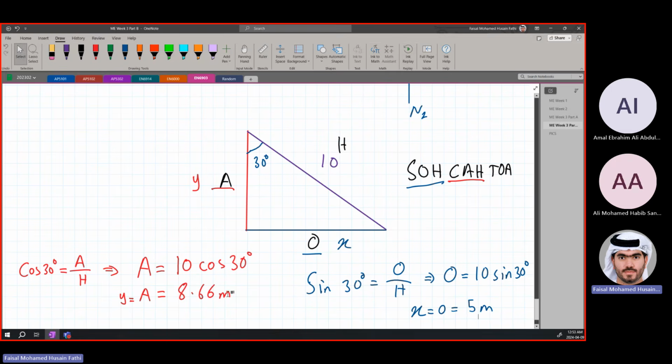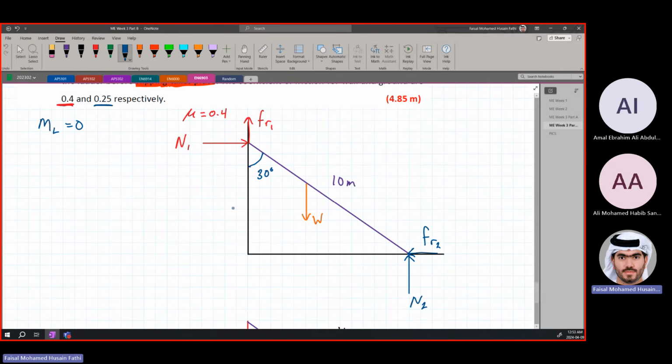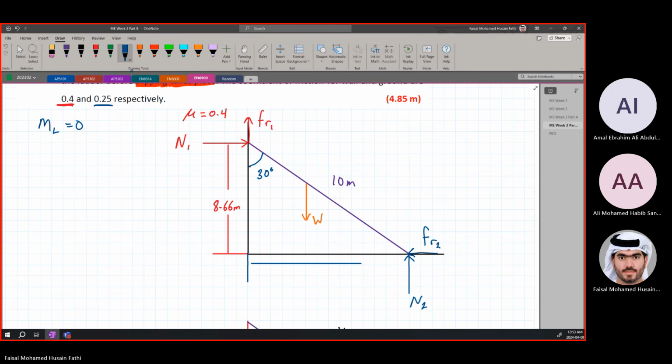So we found our X and Y values. We found that this distance from here till here is 8.66 meters, and this distance from here till here is equal to 5 meters.